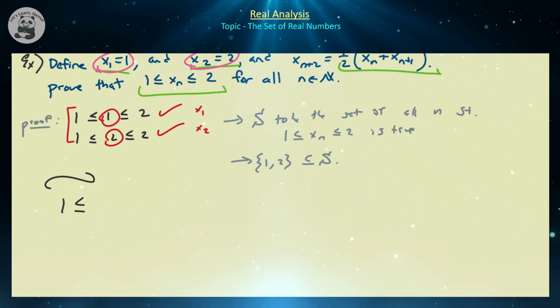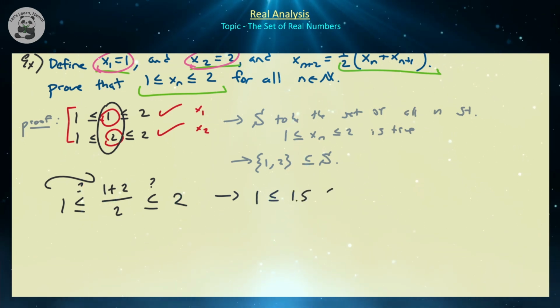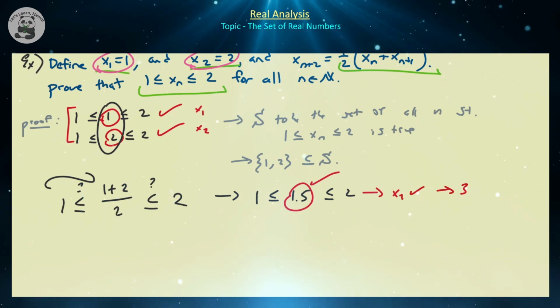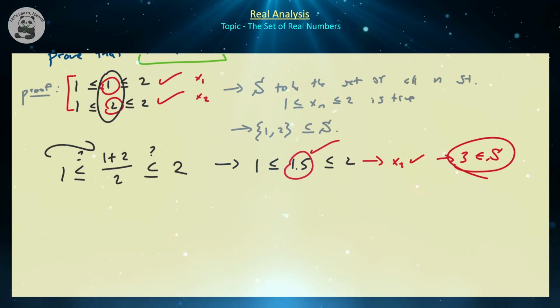So 1 is less than or equal to the average of the two terms that precede it, 1 and 2. Is this between 1 and 2? 1 plus 2 is 3, and 3 divided by 2 is 1.5. And that is indeed between 1 and 2, right? So here we have that x3 is true, which means that 3 also belongs to the set of values that make it true. So obviously the base case is met.